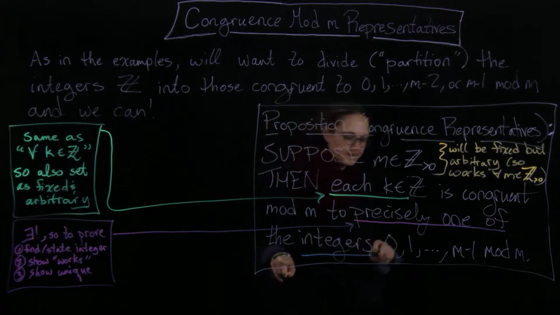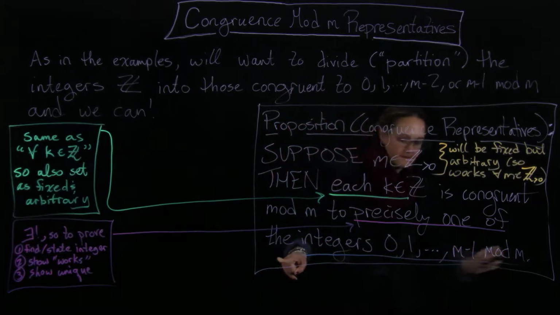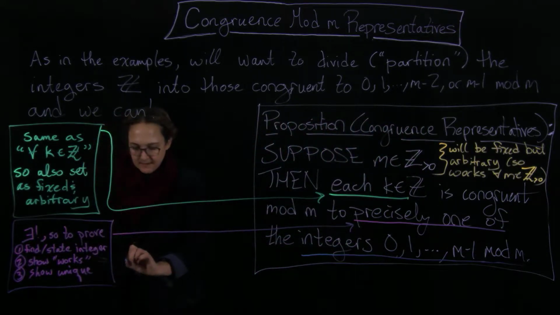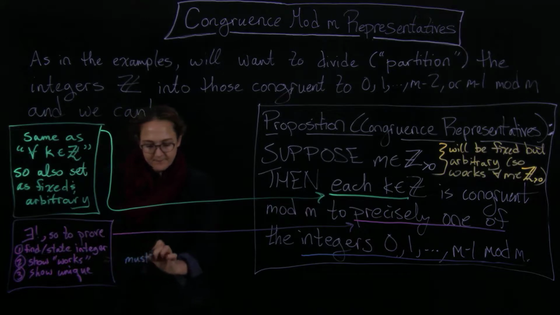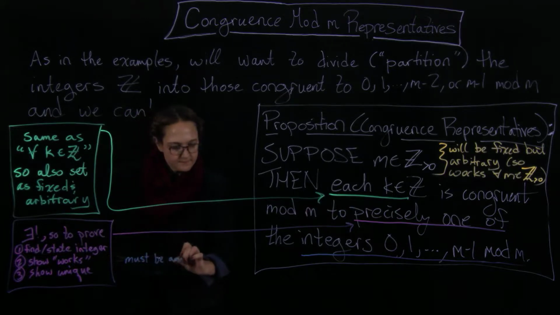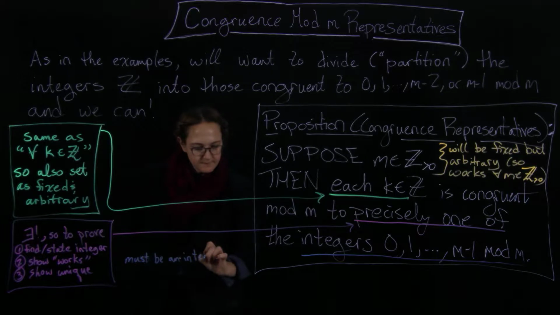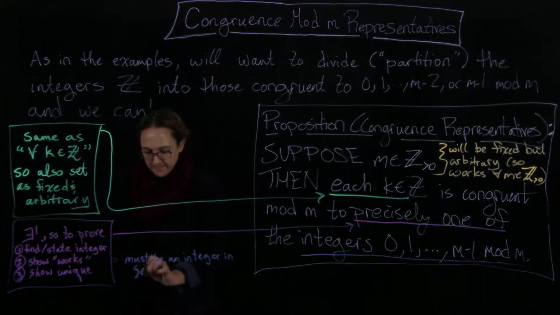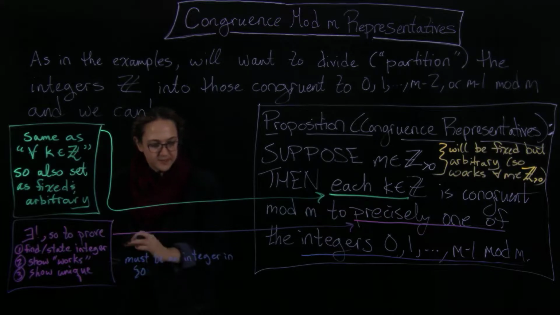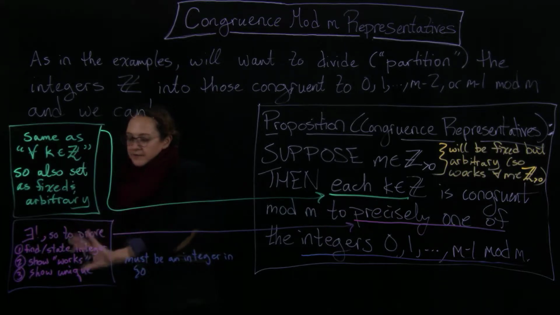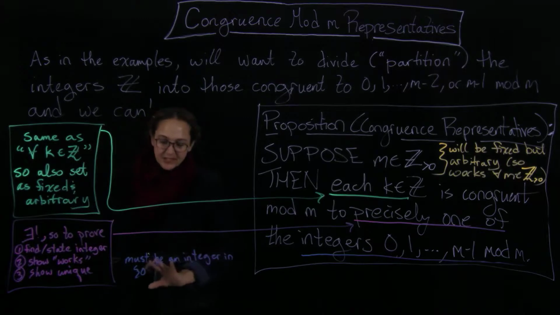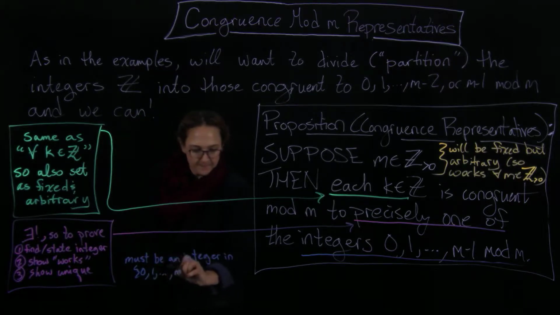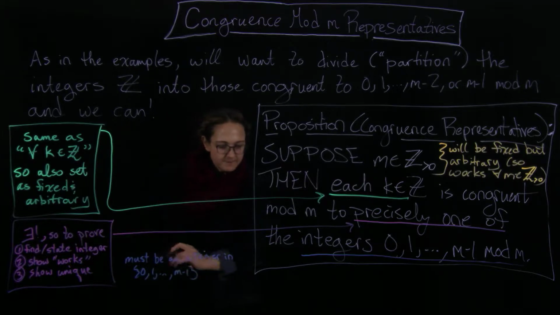So what does this part here tell me? Okay, so this tells me that it must be an integer. So this integer that exists must be an integer in 0, 1, up to m minus 1.